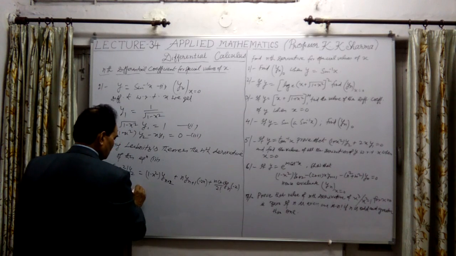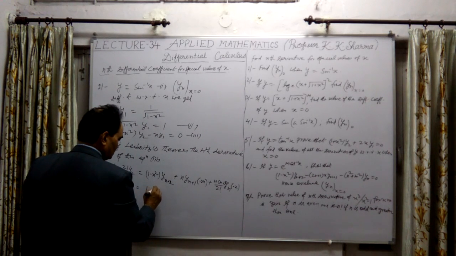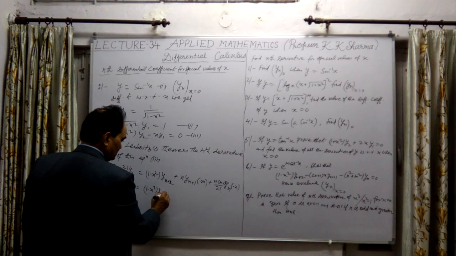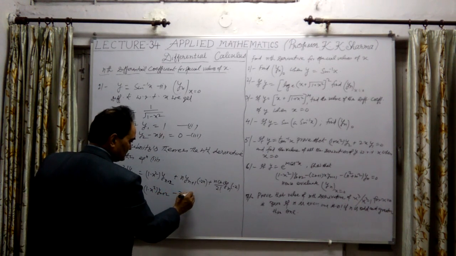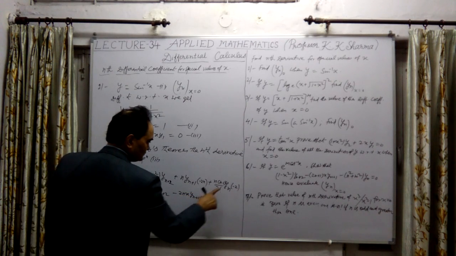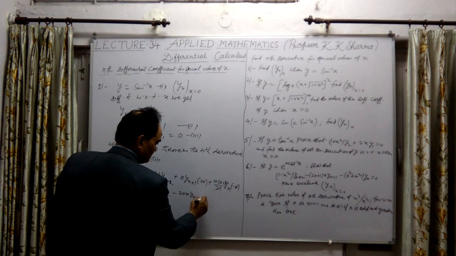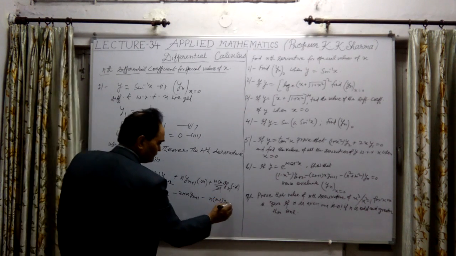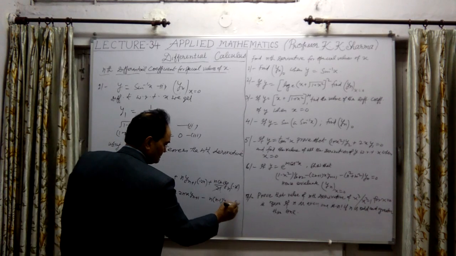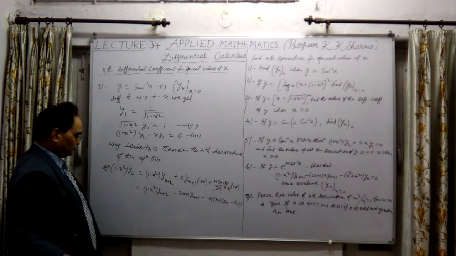Now let me write it again. This is 1 minus x square into y n plus 2. This is minus twice nx into y n plus 1. The 2 cancels out, but with the minus sign, minus n into n minus 1 into yn. This is the fourth equation.